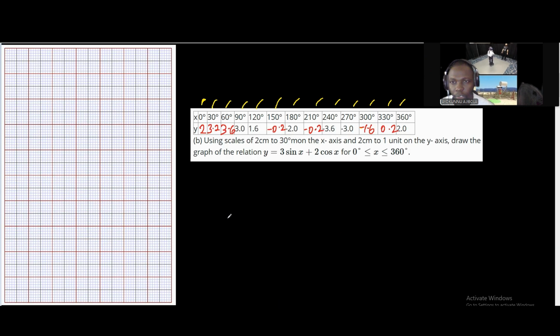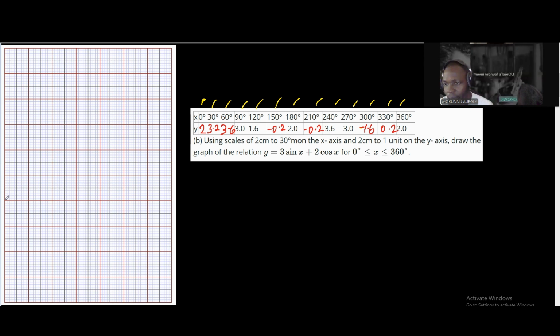I was explaining something: the scale said 2 centimeters for 30 degrees, and these are differences of 30 degrees all through on that x axis. So we're going to need 1, 2, 3, 4, 5, 6, 7, 8, 9, 10, 11, 12, and 13. So if I count along the x axis, can I get 13?